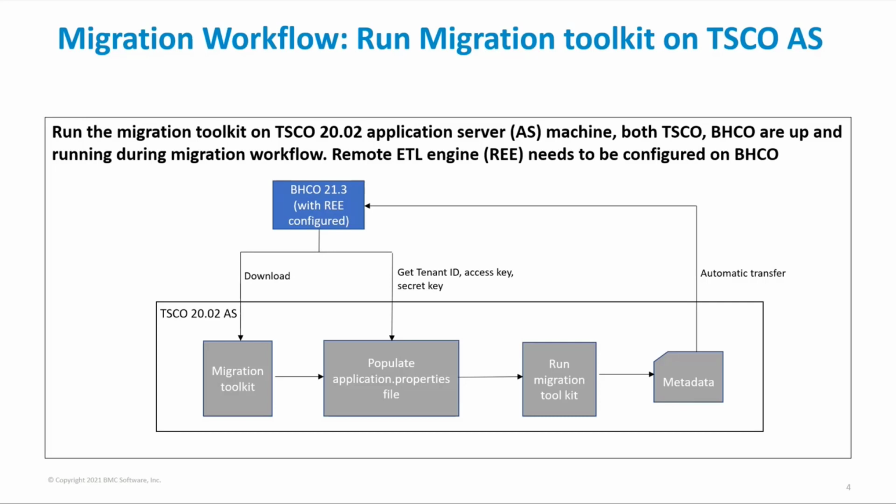As you can see in this diagram, one of the prerequisites for the migration is that your BHCO should be up and running along with your remote ETL engine configured, which runs in the customer's environment, obviously. Then you download the migration toolkit from the download page from BHCO 21.3 onto the TSCO 20.02 application server.